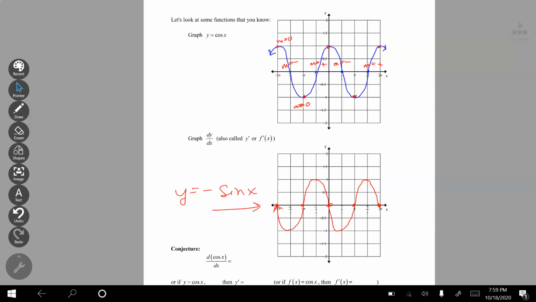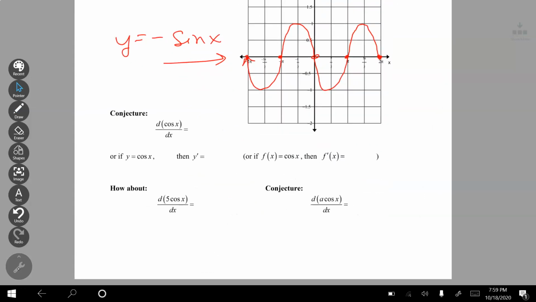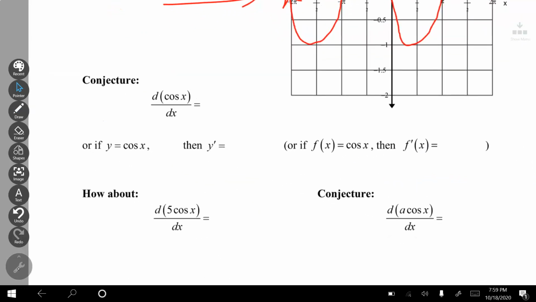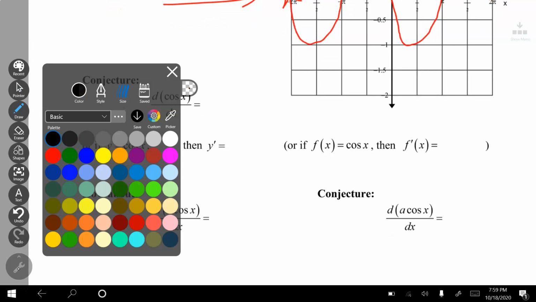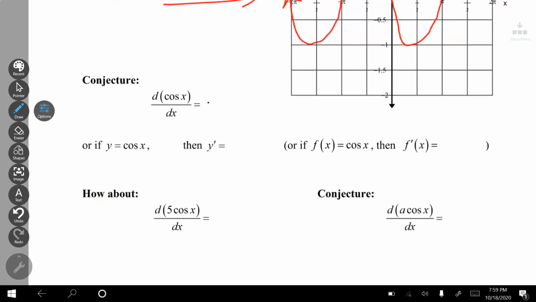So what does that mean? That the derivative of cosine is negative sine of x, or y prime is negative sine of x, or f prime is negative sine of x. And again, if I have a coefficient up front, if it's 5 cosine of x, its d dx, or its derivative, is negative 5 sine of x, or negative a times sine of x if the coefficient is a.